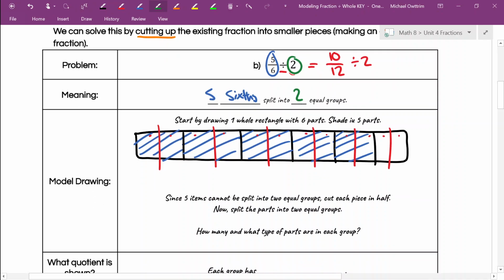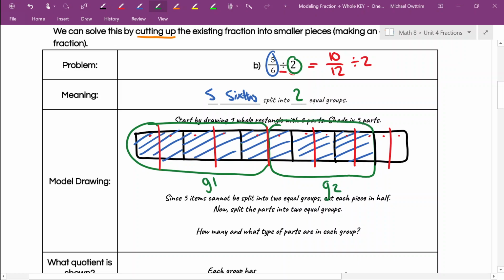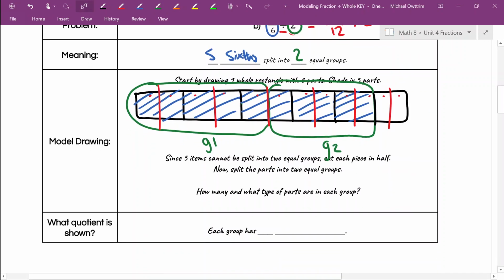So we're going to circle two equal groups. There we go. Group 1 and group 2. And those are in fact equal groups of our shaded objects. And so we can say each group has, well, how many? 1, 2, 3, 4, 5 parts.